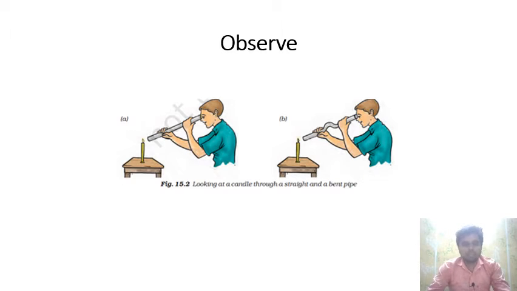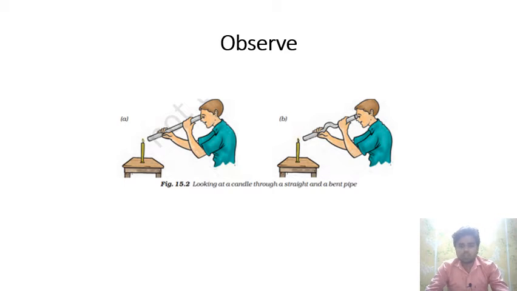Let me tell you, students, when the person is looking at the candle with a straight tube, the person can see the candle. But when the person looks at the candle with a bent pipe, the person cannot see the candle.